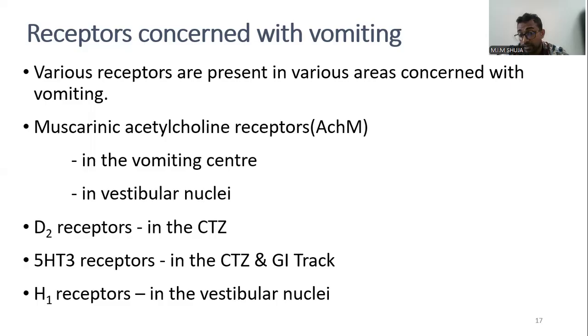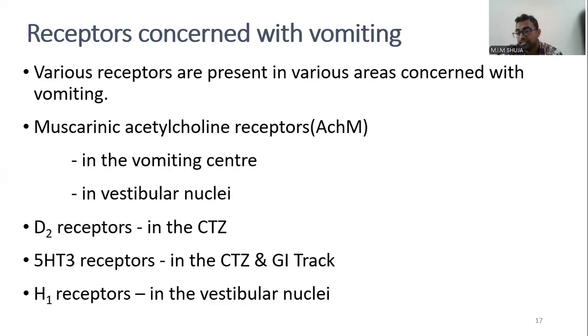Many blood-borne chemicals, drugs, and metabolic abnormalities stimulate the chemoreceptor trigger zone through the dopamine pathway. Therefore, drugs that block D2 receptors can be useful in nausea and vomiting caused by drugs, toxins, uremia, and some gastrointestinal causes.